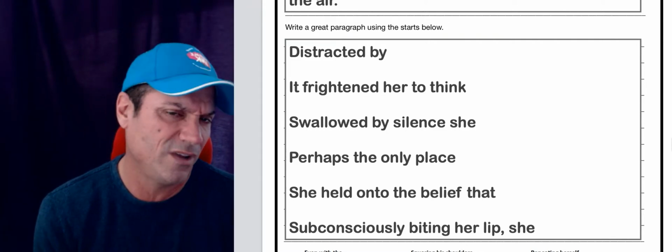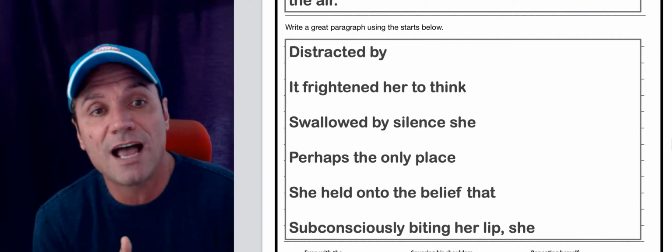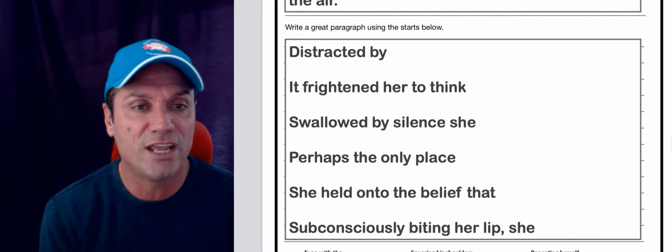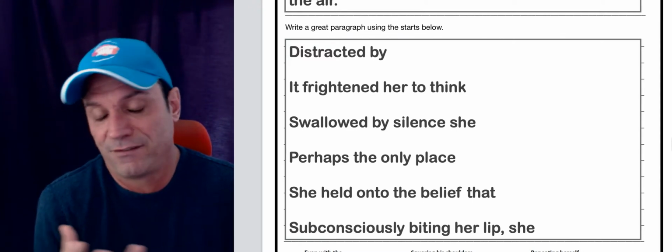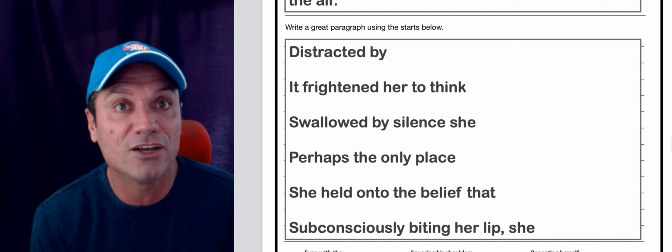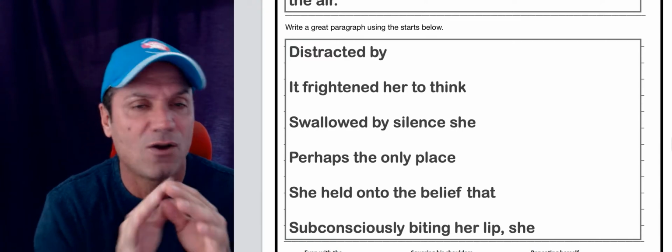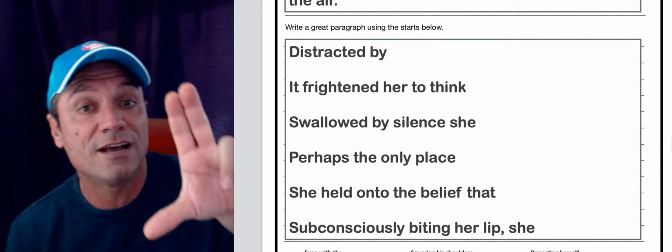It frightened her to think that if anyone were to find out, or anything like that. Swallowed by silence, she was mesmerized, as perhaps the only place this creature could be safe was. She held on to the belief that if, whatever, subconsciously biting her lip, she patted it under the neck, or anything you like. You don't have to use all of those.